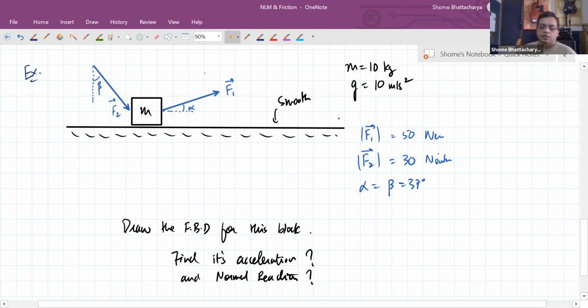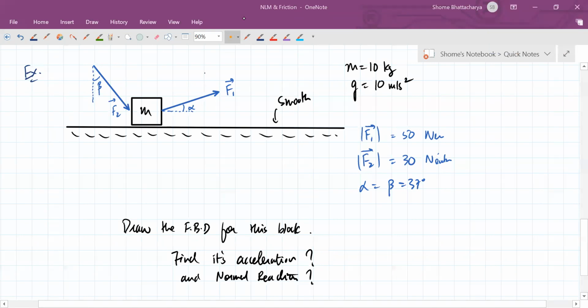So you can just take a minute and try out this. We will discuss this. I'll put up the free body diagram and you can compare your solution with mine.